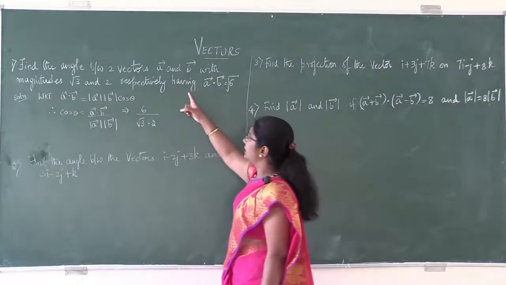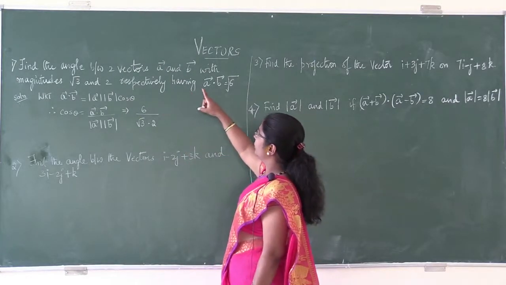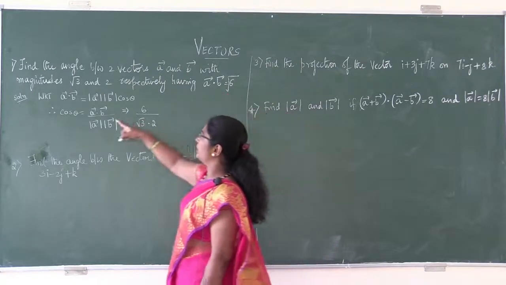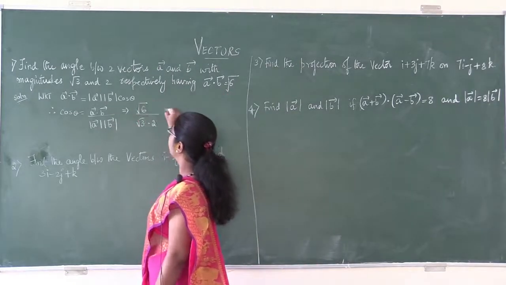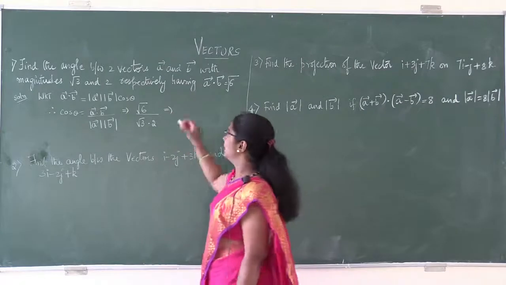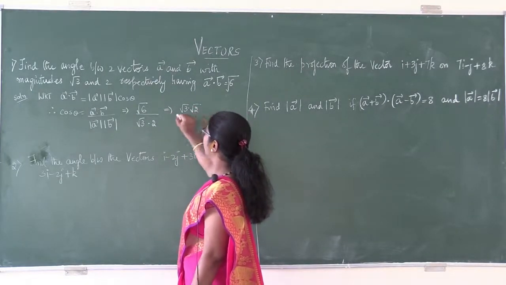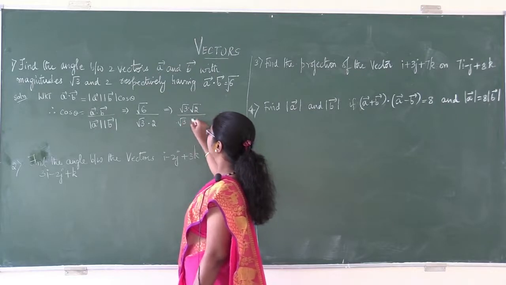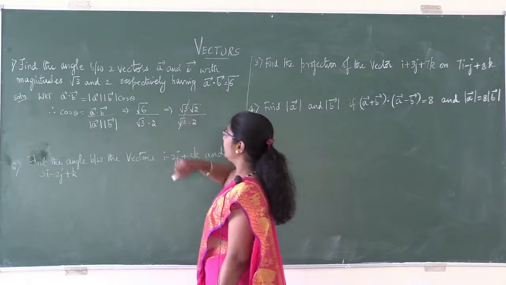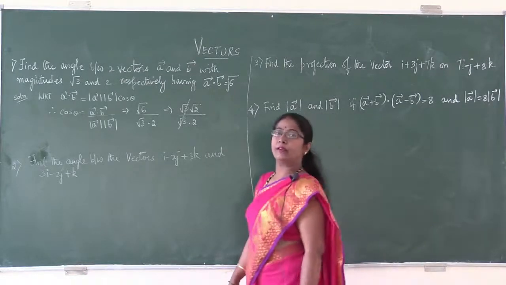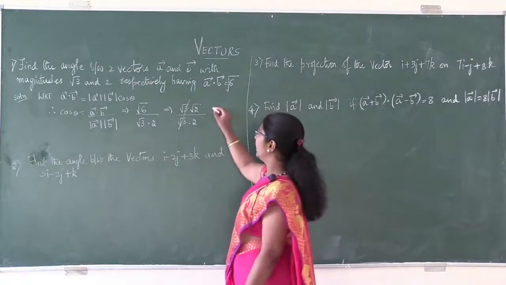The question states to find the angle between two vectors where vector A dot vector B is equal to what? Root 6. So what is vector A dot vector B? Root 6 now. Root 6 can be written as what? Square root 3 into square root 2 divided by root 3 into 2. Root 3 gets cancelled. Can I write 2 as root 2 into root 2 in the denominator part?